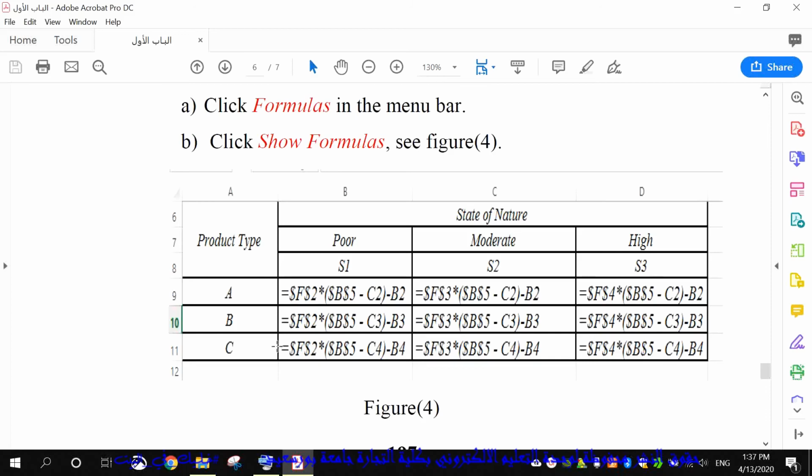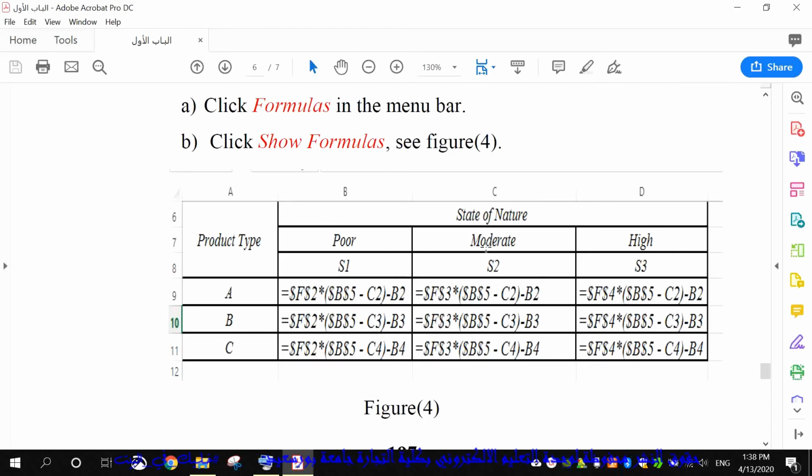So F2 represents the number of units in case of poor, but the number of units produced in case of moderate is written in F3. So F3 in case of moderate, the same selling price B5, same C2 and B2 in case of product A. In case of high, the number of units produced is written in F4, and still B5 is the sales price minus C2 minus B2.